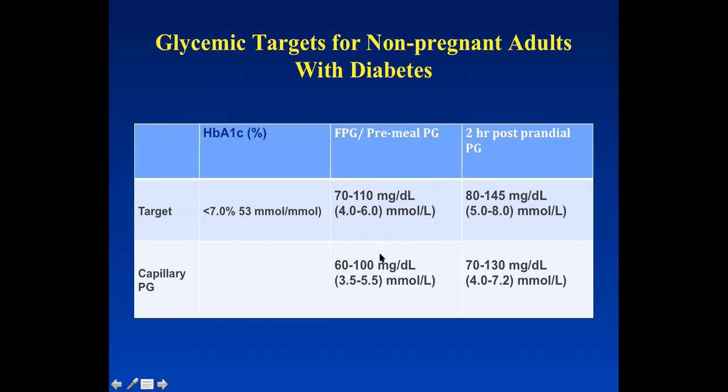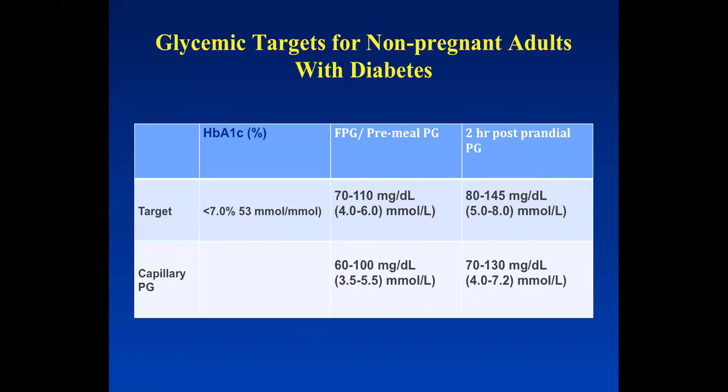Now people do this glucometer testing at home or even at the ward sometimes. So if using the glucometer values, these levels should be maintained at roughly 3.5 to 5.5 millimoles per liter glucose level. And the cutoffs are like this for 2-hour postprandial plasma glucose.